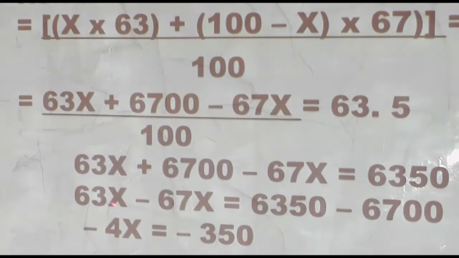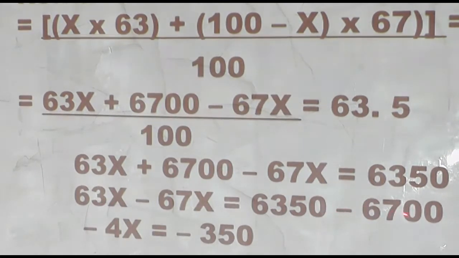Therefore, 63x comes, minus 67x follows, which is equal to 6,350 minus 6,700. It is minus now, because 6,700 is crossing the equality sign to meet 6,350, which changes it from a positive value to a negative value.